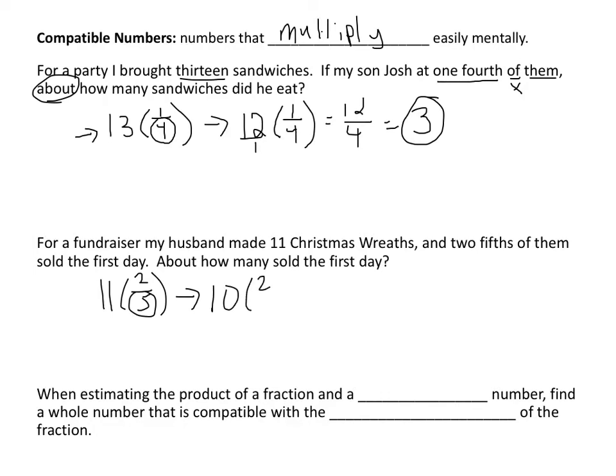So now we're going to do 2/5 of that, and there's a couple different ways that you could do this. We can either multiply across and make this 10 times 2, which would be 20 over 5, which would give us about 4 wreaths, or we could do 10 divided by 5, which would be 2, and then multiply it by 2, which would also give us the 4 wreaths.